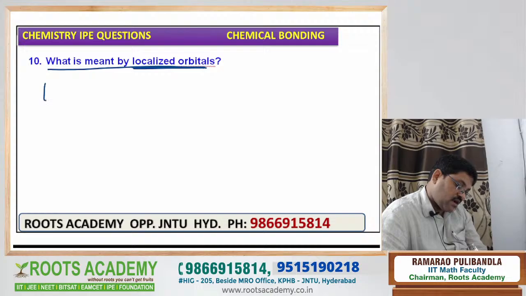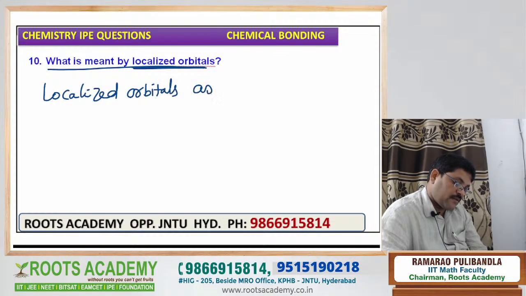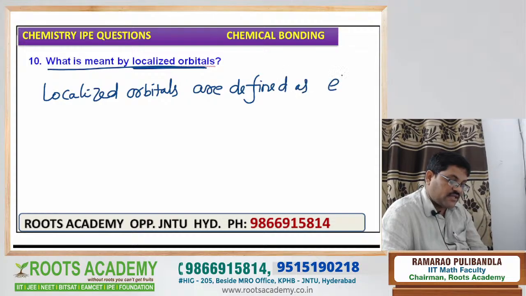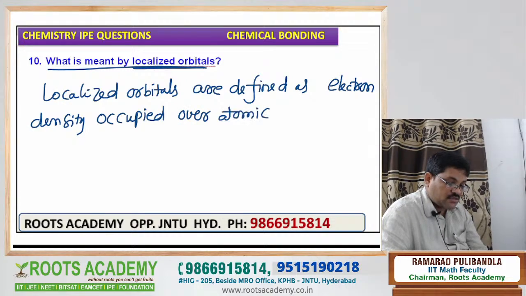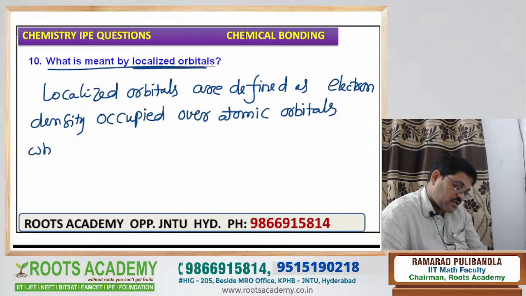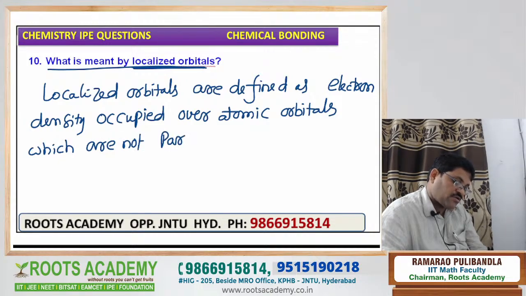Localized orbitals are defined as the electron density occupied over atomic orbitals which are not participated in conjugation.